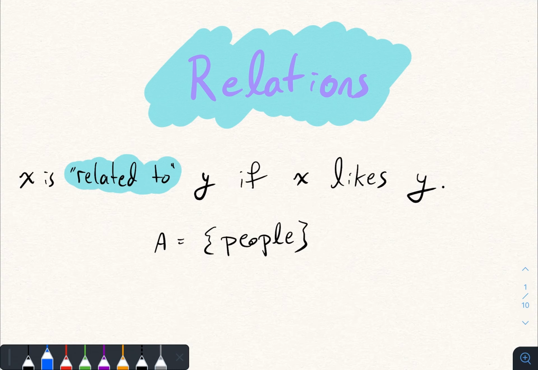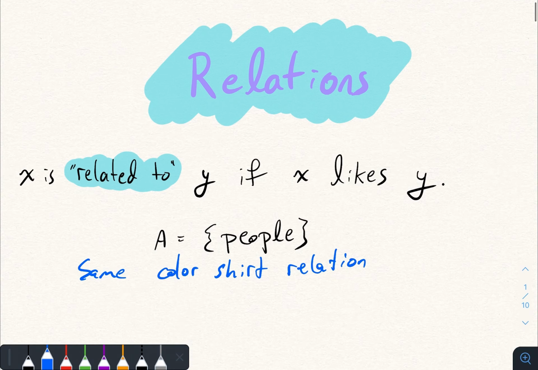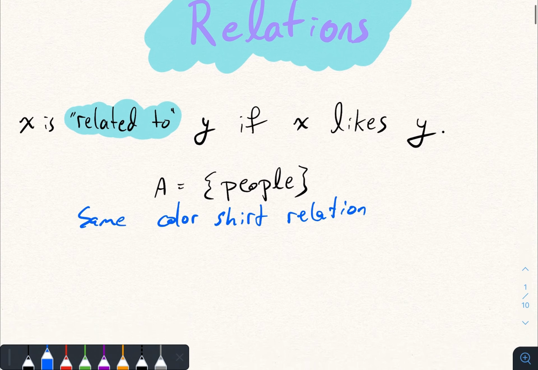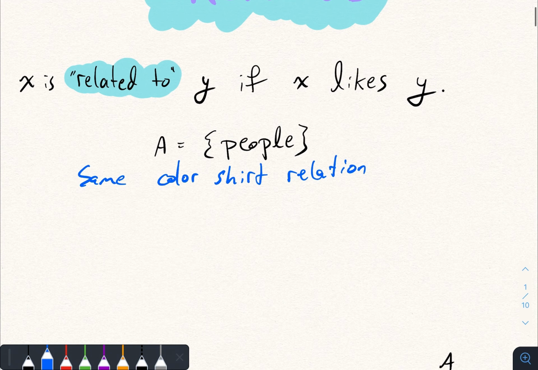You could also have the same color shirt relation. So person X is related to person Y if they are wearing the same color shirt. If John and Mary both are wearing the color red for their shirt, then they would be related via that relation.